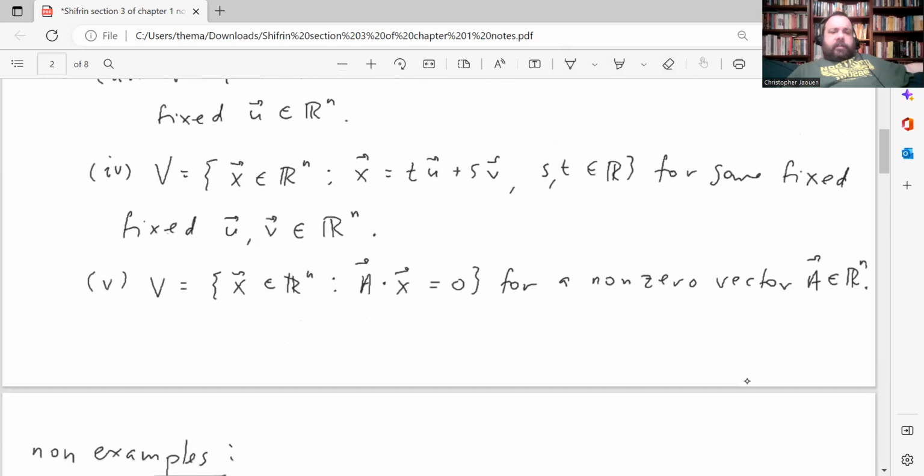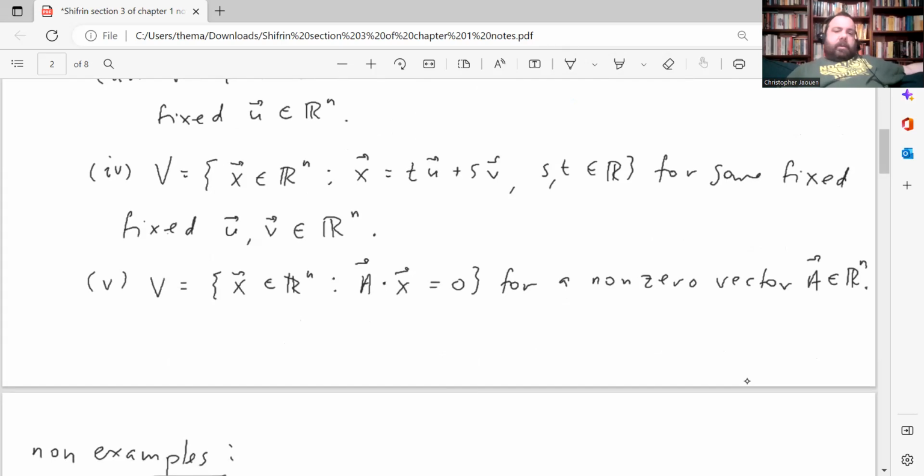And example 5: V is the set of all x in Rn where a dot x is equal to 0, for a non-zero vector a in Rn. So, the set of all vectors that are orthogonal to some other fixed vector that is non-zero.